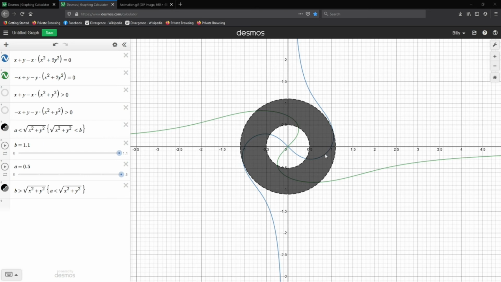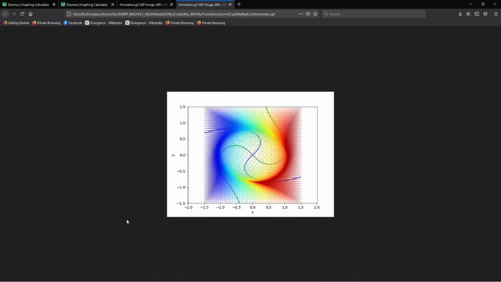This is a picture of the annular region described before, this positively invariant region. And if we see a plot of the trajectories here, we can very clearly see why we chose the annular region that we did, because it traps this limit cycle inside of it.